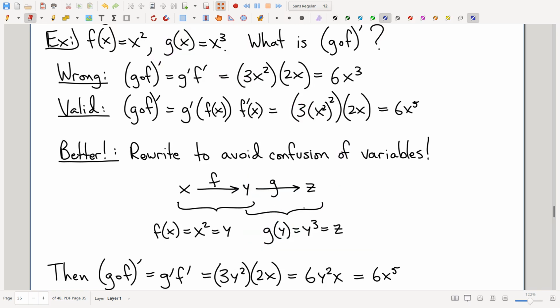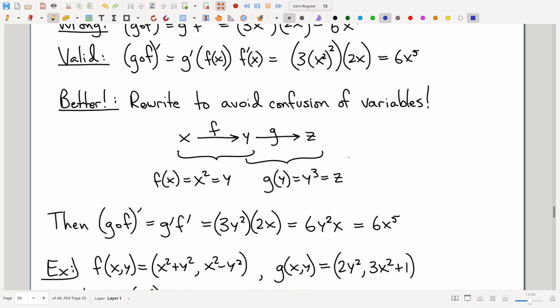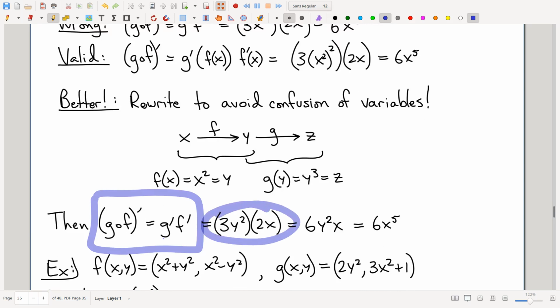So, having rewritten it, notice how easy it is to deal with the actual question. Then I can be as sloppy as I want. I can write the derivative of the composition as the product of the derivatives. Cool, fine, playing fast and loose. There are those two derivatives. Now, notice the g that I'm taking the derivative of is written in terms of y, so I get 3y squared.